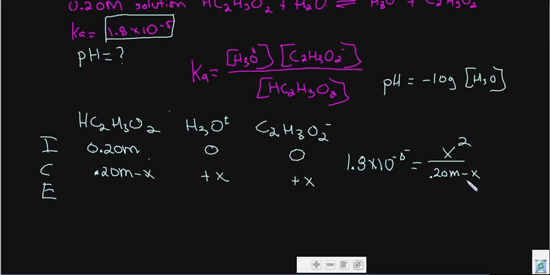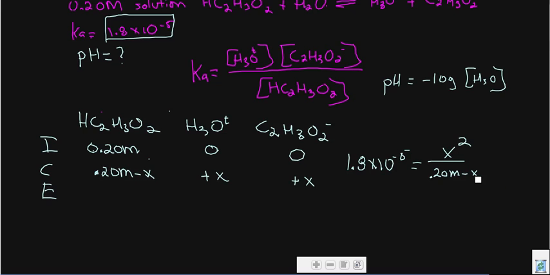Now, one of the things that we do in acid-base equilibria is when we're at this particular point, the value of x is going to be really, really small. And so for calculation purposes, subtracting it from this won't even alter the answer.